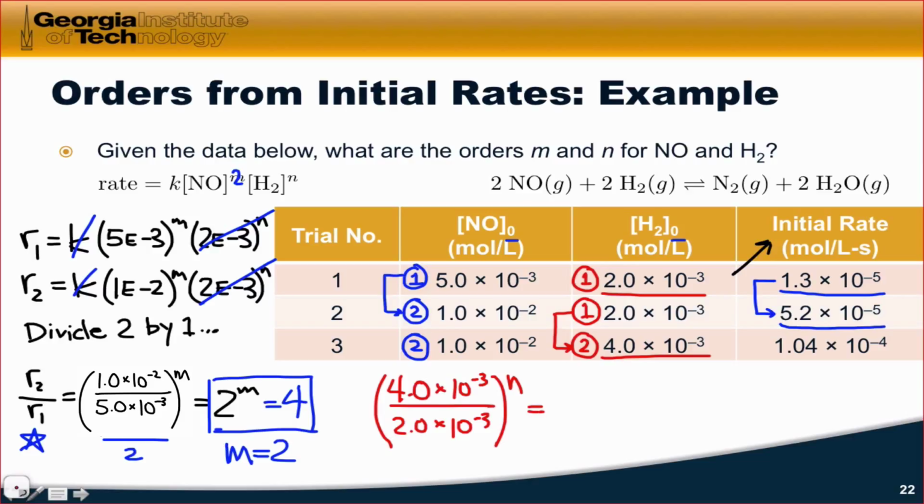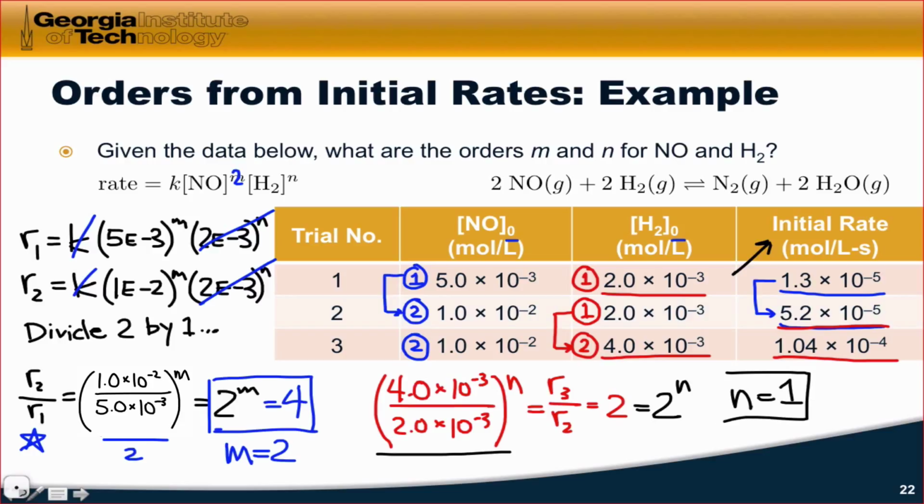That's equal to the rate of the third trial divided by the rate of the second trial, which in this case is 1.04 times 10 to the negative 4 divided by 5.2 times 10 to the negative 5. Well, that's 104 divided by 52, which is equal to 2. This whole thing here is equal to 2, so 2 is equal to 2 to the N power, which means N must be equal to 1. And we've concluded that the reaction is first order in hydrogen gas.